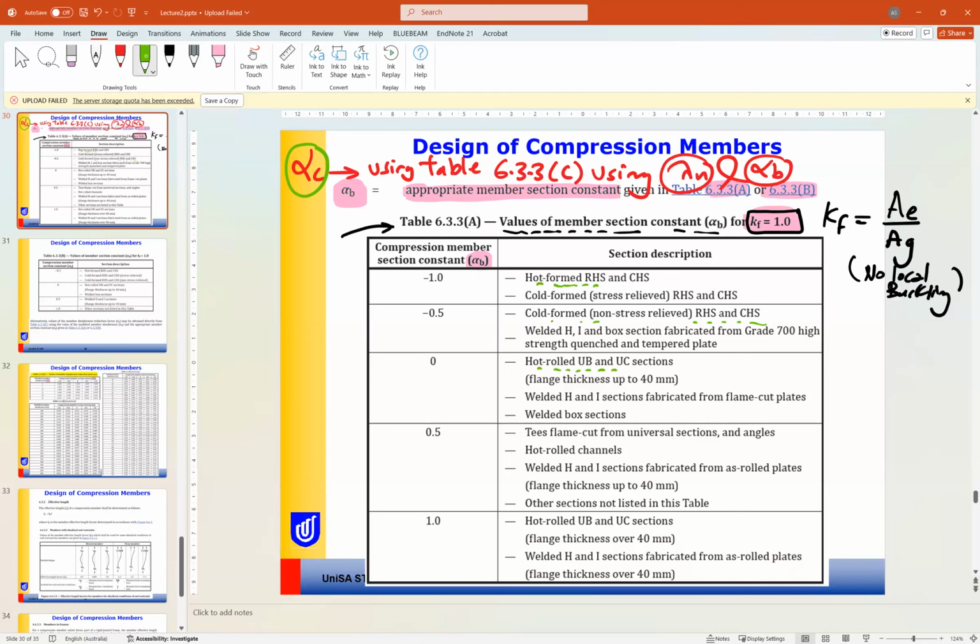For hot rolled UB and UC with flange thickness up to 40, so this means that T flange less than or equal to 40 millimeter, alpha B equal to 0. But if the hot rolled UB and UC have flange thickness over 40 millimeter, so TF over 40 millimeter, alpha B equal to 1. So we can easily find alpha B using table 6.3.3a and the type of section we are using.